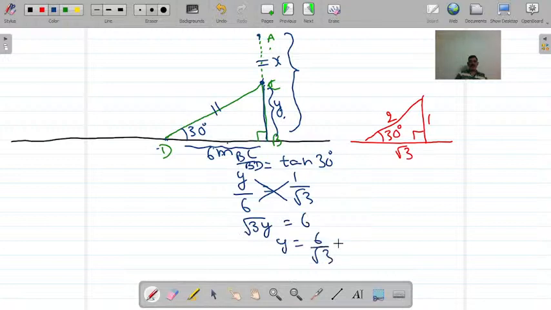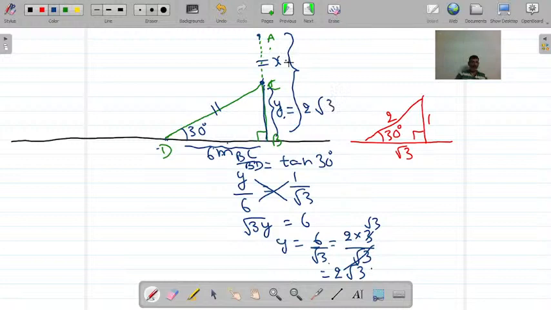And of course we know that 6 means 2 into 3, so 2 into 3 by root 3. Root 3 divides 3 root 3 times. That's why you can say it is 2 root 3. So I got this value to be 2 root 3.